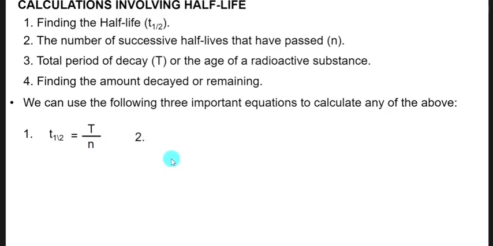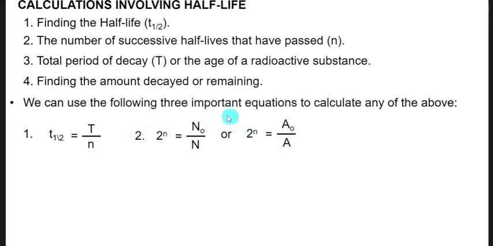Then in number 2, it is 2 to power number of successive half-lives is equal to original amount over amount remaining, or we have 2 to power n, where n stands for successive half-lives. So 2 to power n is equal to original activity divided by remaining activity.